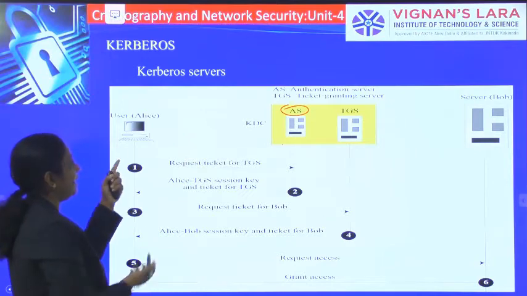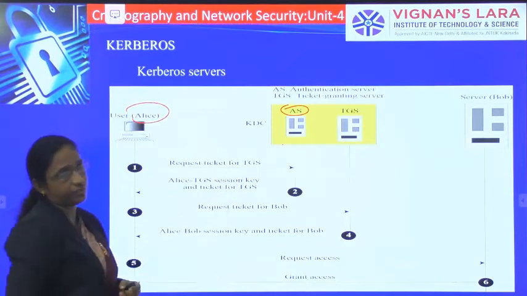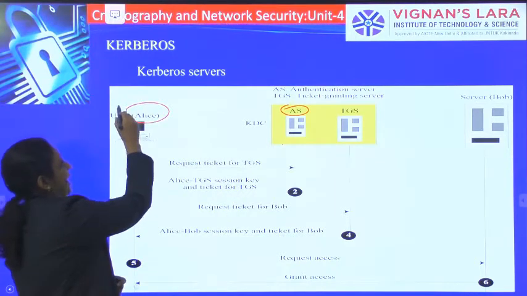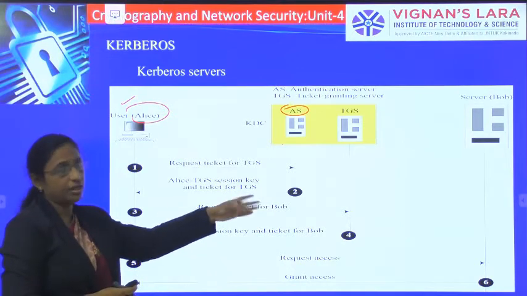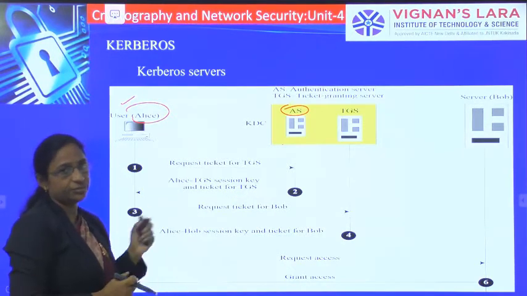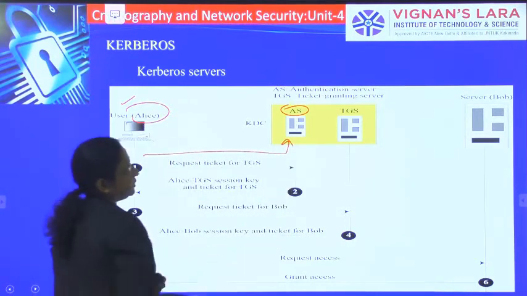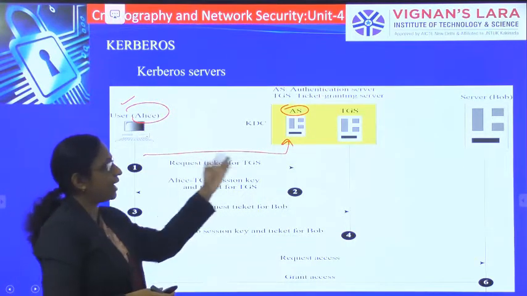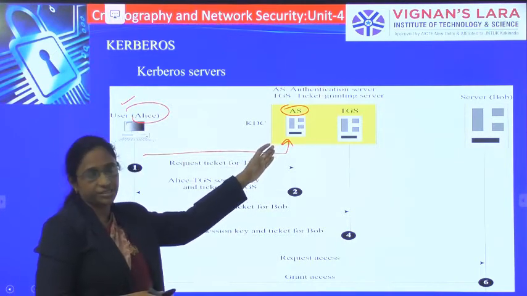As we have said, Alice wants to access the server Bob. Here Alice is the user, so this user wants to access the server. To access the server, the user first has to go to the authentication server and authenticate there.